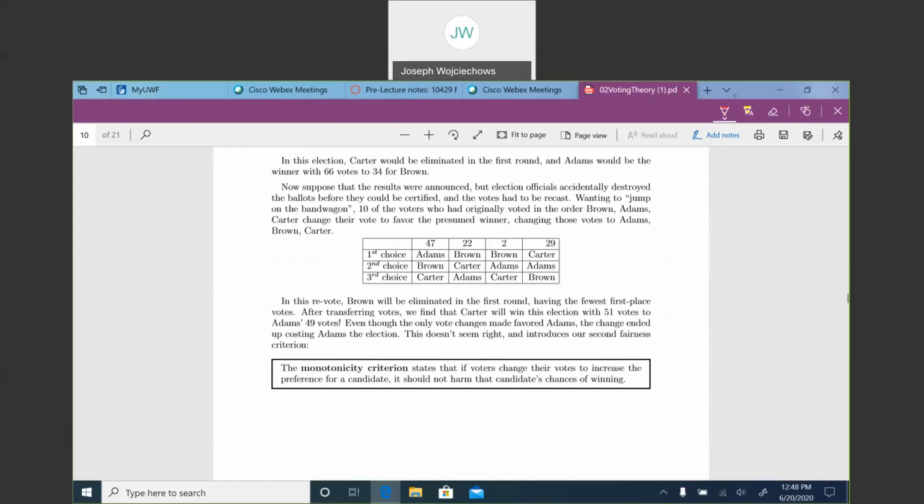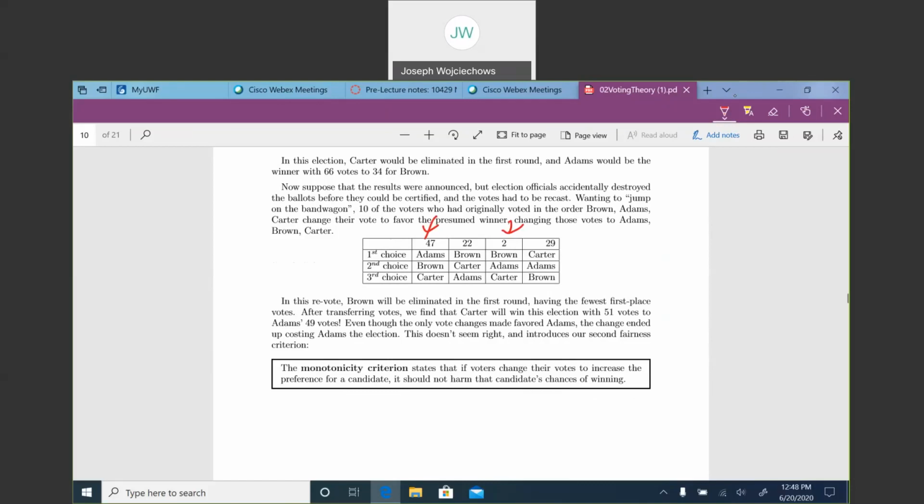Wanting to jump on the bandwagon, 10 of the voters who had originally voted in the order Brown, Adams, Carter changed their vote to favor the presumed winner, changing those votes to Adams, Brown, Carter. So 10 of these people moved to this one.